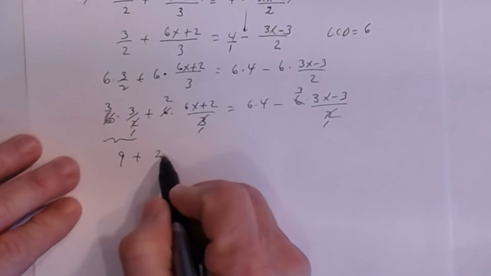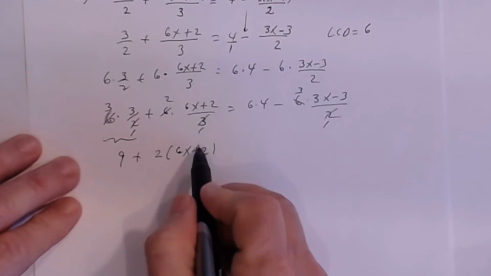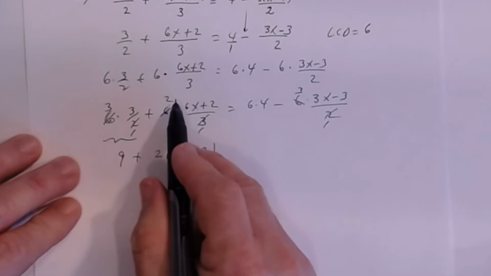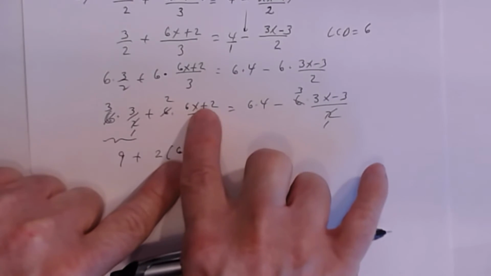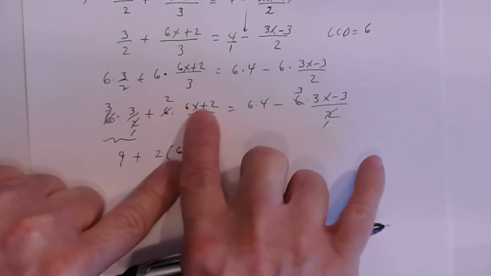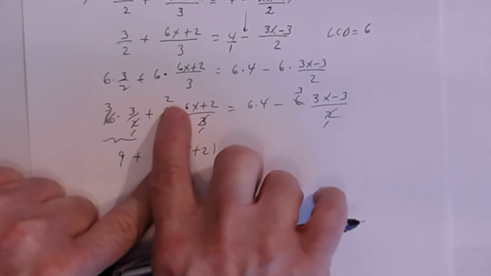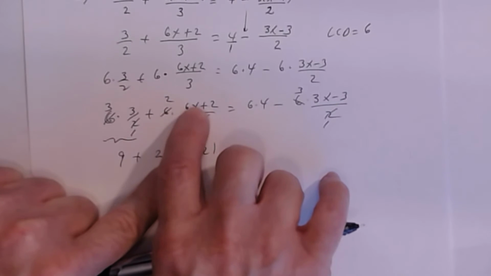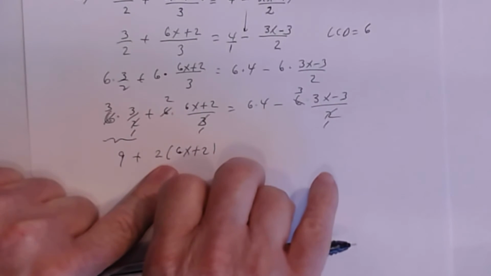So I'm going to need parentheses here. So this right here is this, but all of this is being multiplied by 2. So it's very important you put that numerator, which is more than one term, a binomial, in parentheses, because if you don't, you're probably going to just multiply 2 times 6x and forget to do this 2 right here as well.